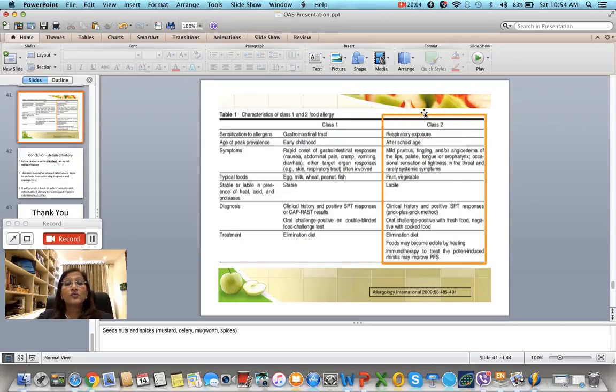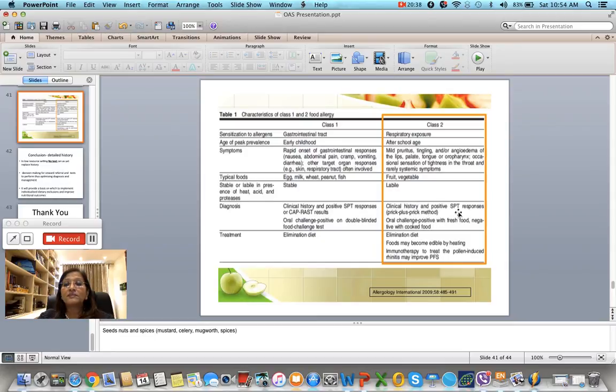To summarize, class 2 foods are the ones that are responsible for OAS. It has respiratory exposure, happens after school age, with mild pruritus, tingling, angioedema of the lips, palate, tongue, or oropharynx, and occasional sensation of tightness in the throat, caused by raw fruit, vegetables, nuts, seeds, and it is usually heat labile.